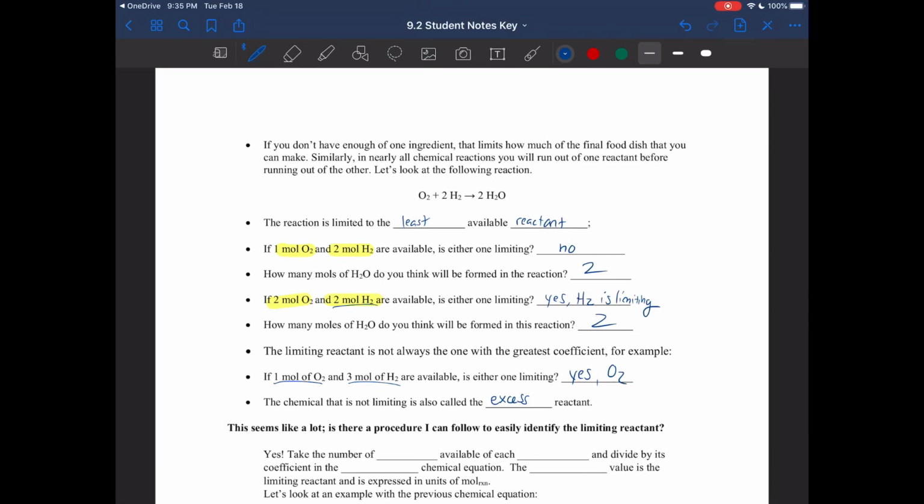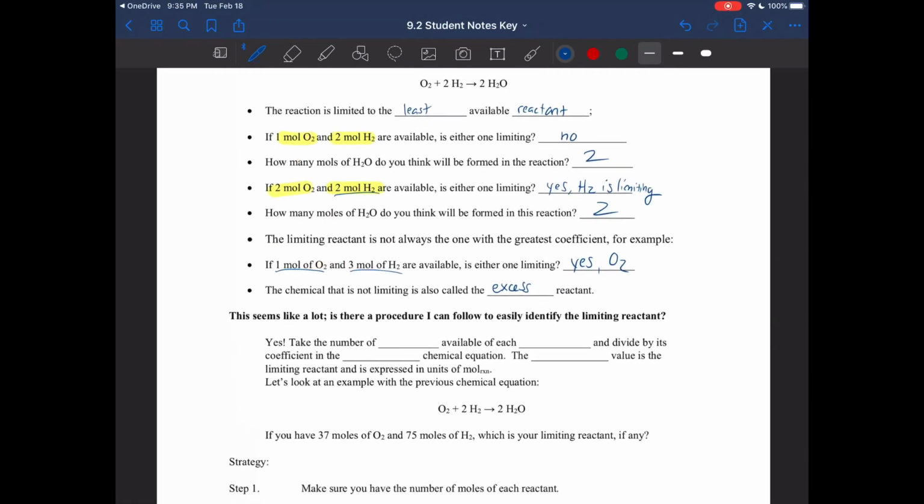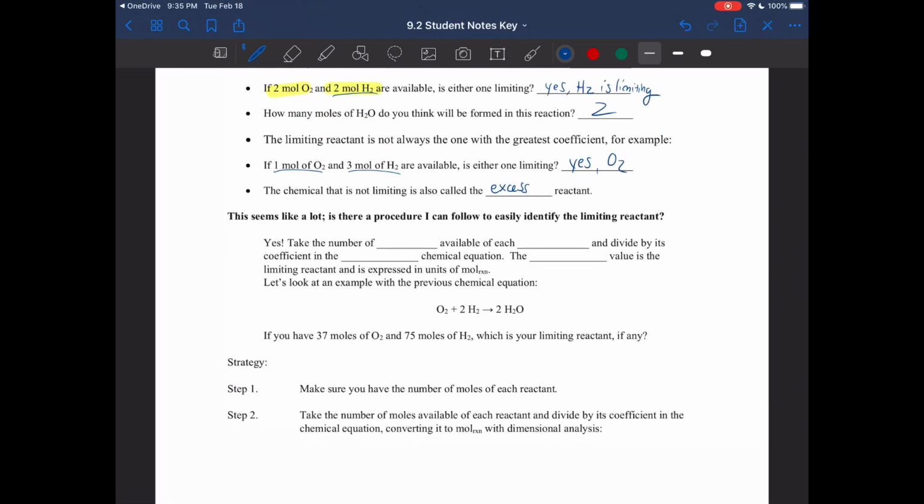Okay, if you're a little lost, but you think you're kind of following along, that's fine. We are going to talk about a very specific procedure so that you can always figure out what the limiting reactant is based on our chemical equation. So whenever we see a chemical equation and we have some sort of burning question, like what's the limiting reactant here? We are going to take the number of moles available of each reactant.